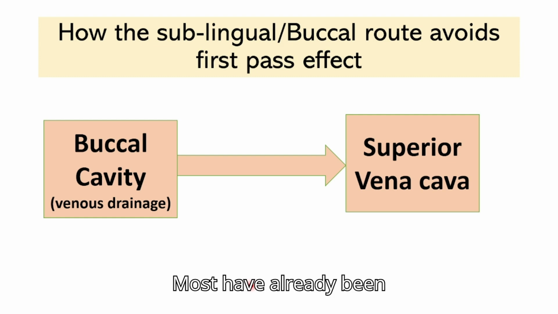Most have already been stated, but the first key consideration is that it avoids the first pass effect. This slide shows why the first pass effect is avoided.